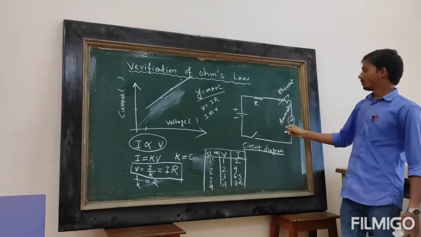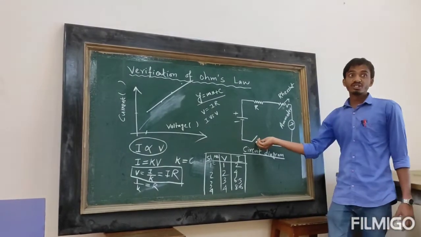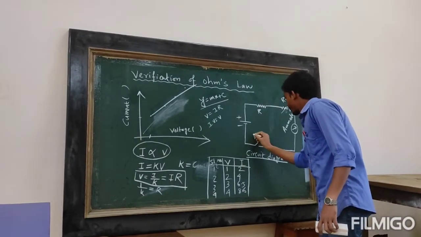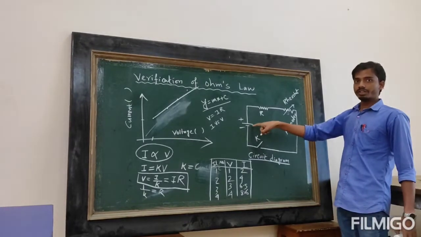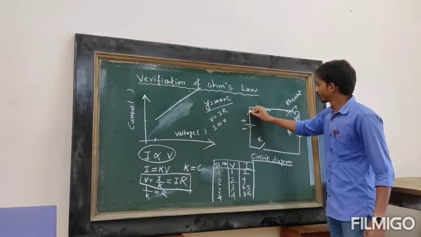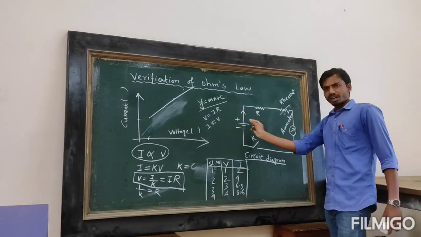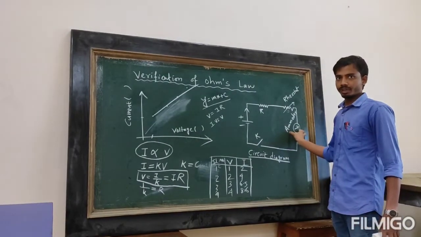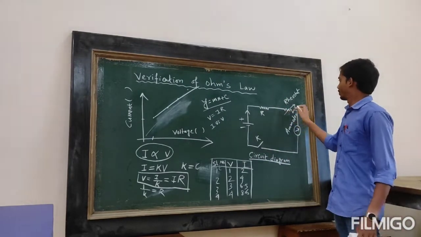A similar arrangement I have done here. This is the key, a kind of switch. If you close the switch, current will flow in this direction. So you will apply some voltage and note down the current. I will explain why we have used the rheostat.